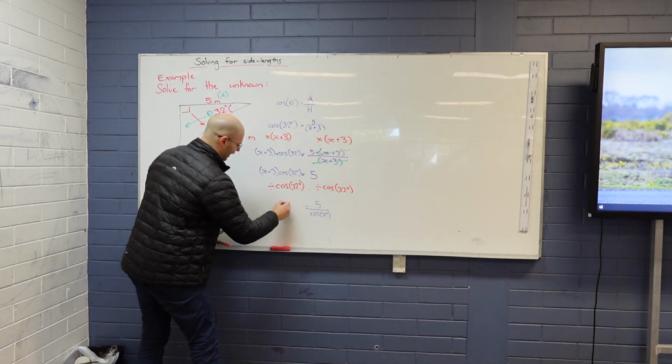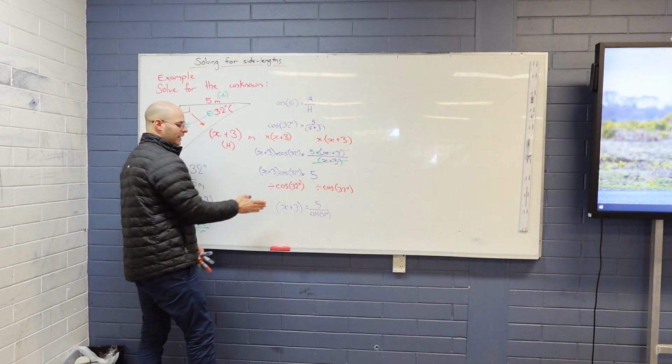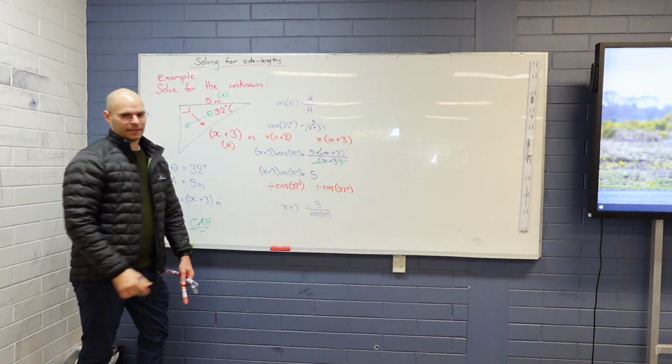This leaves us with x plus 3 in brackets on the left, but we don't need the brackets anymore because they hold no value.